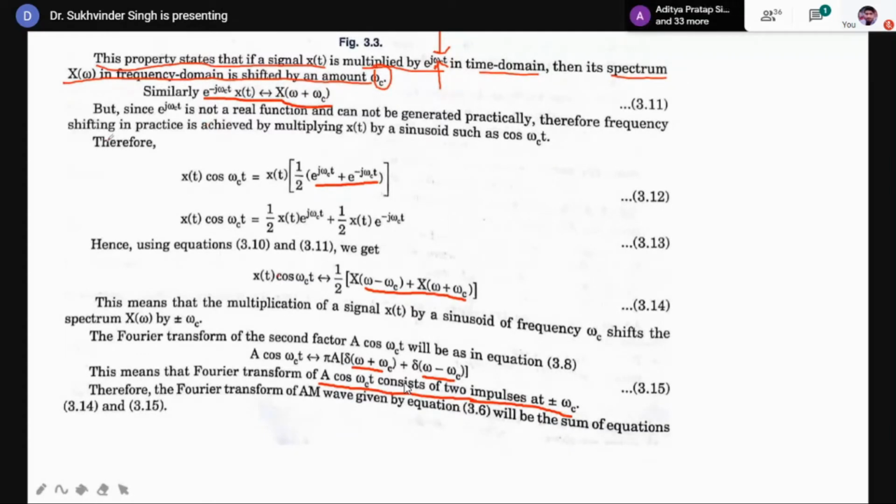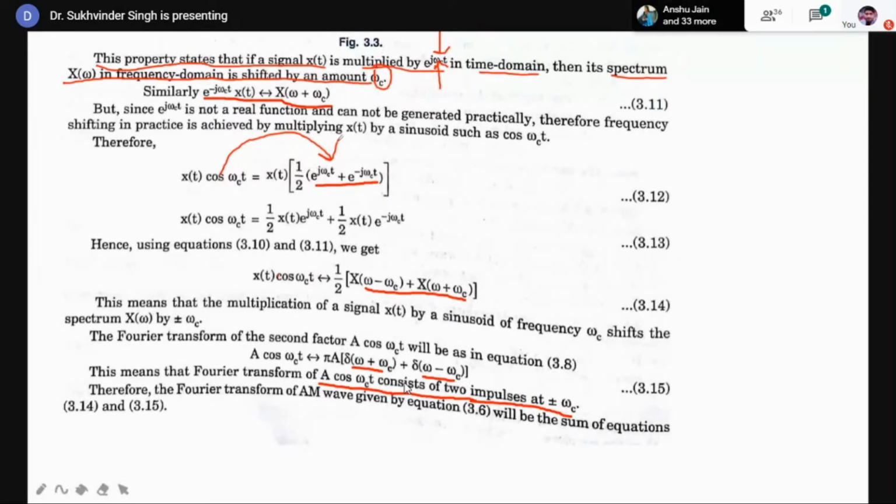So let us now talk about the modulating signal, which is x(t) cos omega_c t. Here we have used a property of the cosine function, which can be written in terms of exponential terms. So cos theta in terms of exponential functions we know is e raised to the power j theta plus e raised to the power minus j theta, divided by 2.